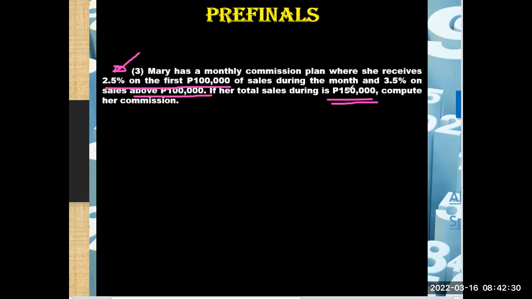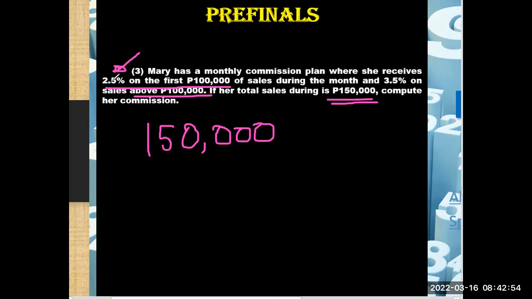Anong sabi? So, paano natin ko-compute yan? If her total sales during the month is 150, compute her commission. So, 150,000 talaga yung kanyang total sales. Okay. Ano i-compute natin?